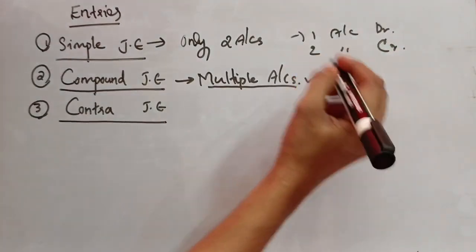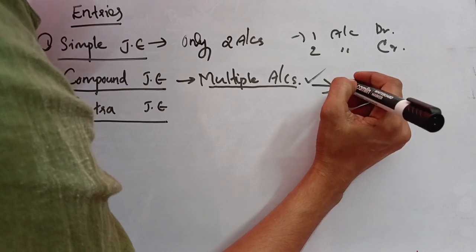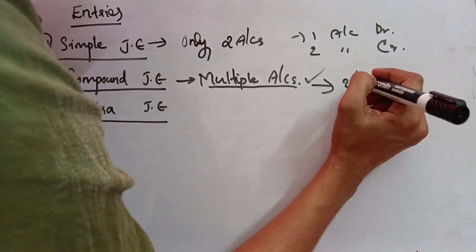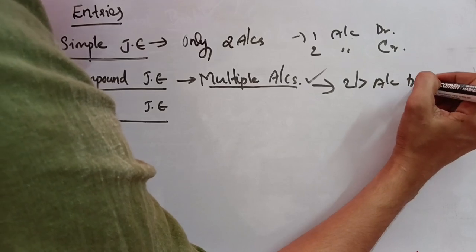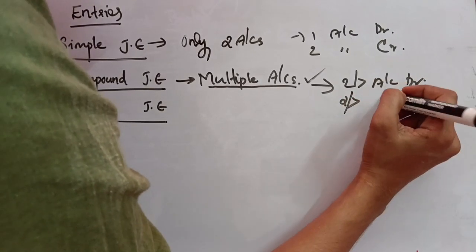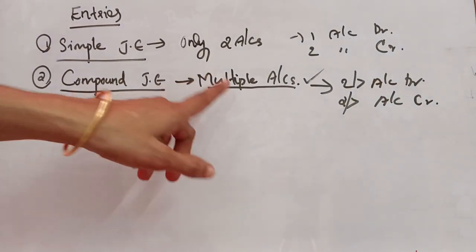But in case of multiple accounts, instead of one account, two or more accounts get debited or two or more accounts get credited.